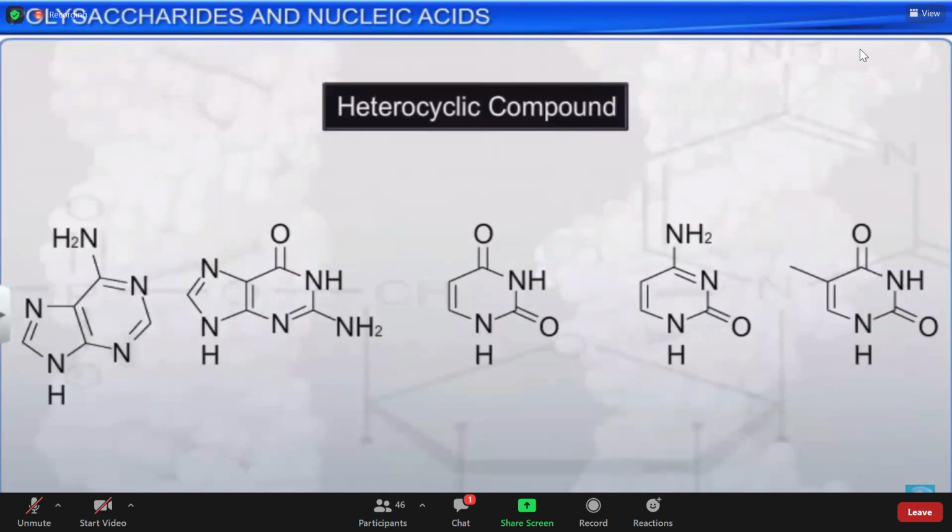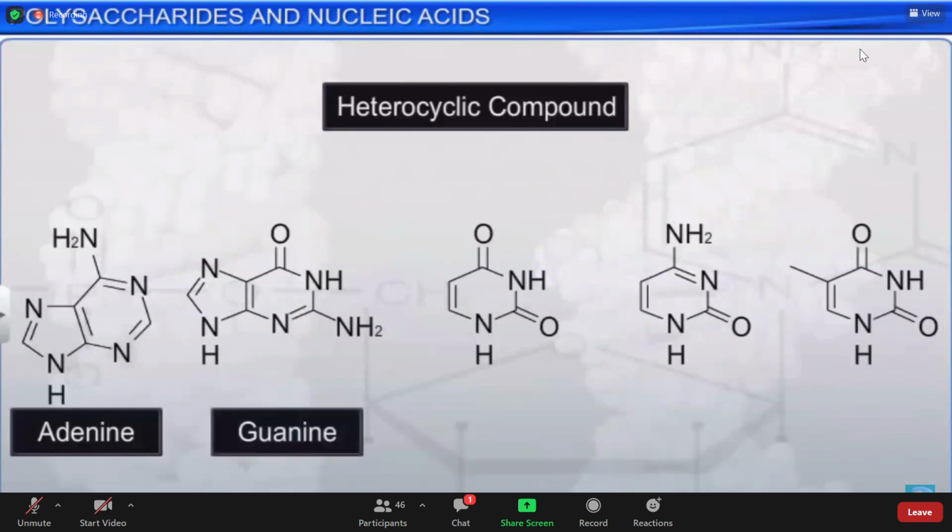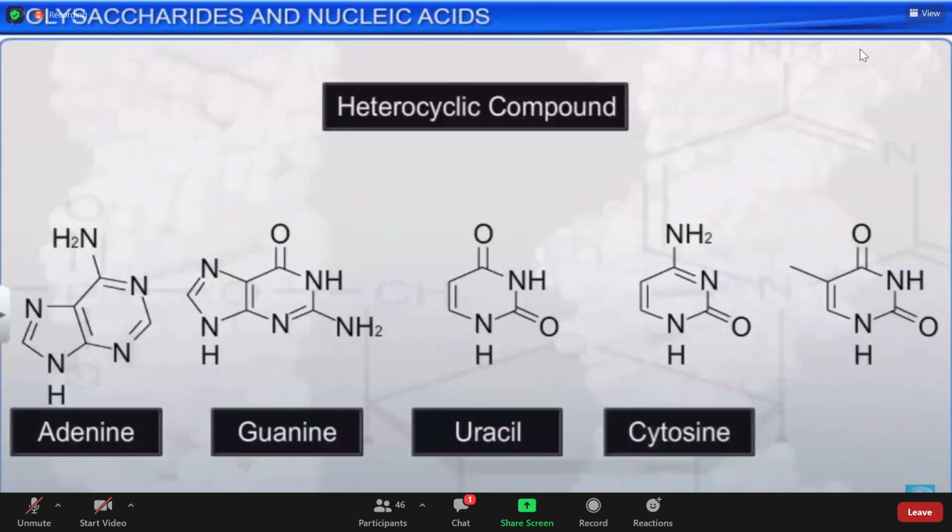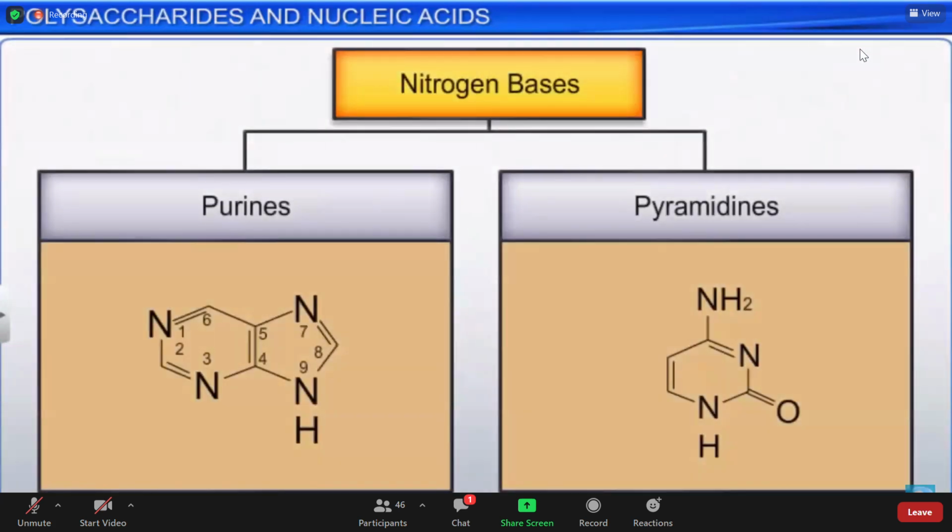The skeletal heterocyclic ring compounds are actually nitrogenous bases such as adenine, guanine, uracil, cytosine, and thymine.